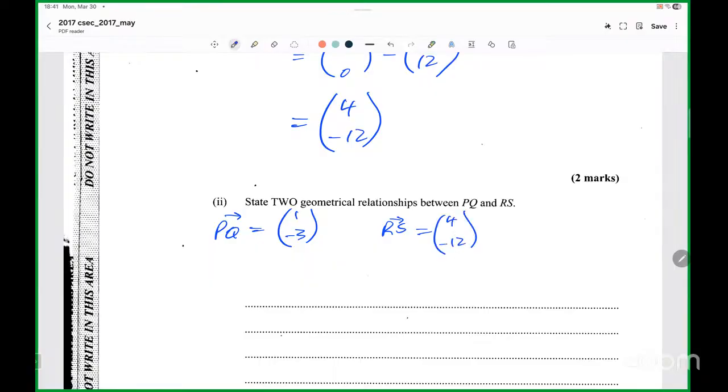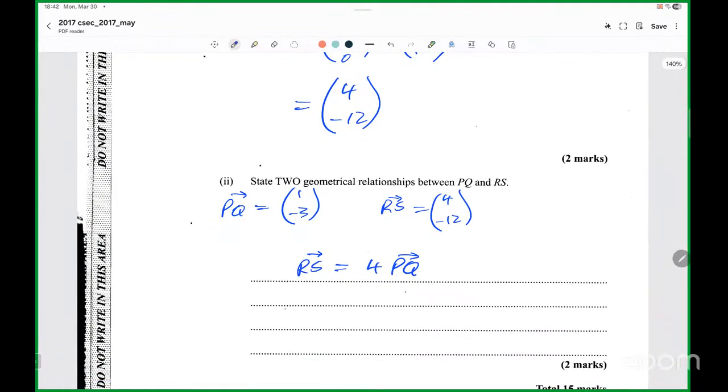Now you can clearly see that this big one is 4 times the small one, can't you? Obvious, isn't it? You multiply this by 4 for it to be equal to that. So you can write that RS is clearly 4 times PQ.